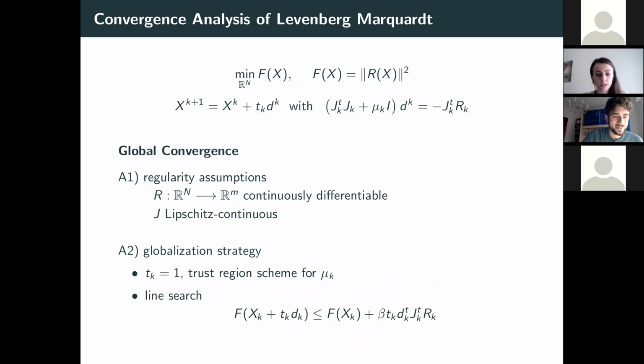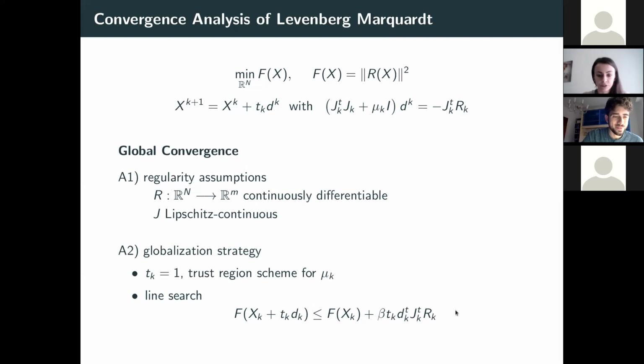Another option is to just choose mu_k in some other way and then employ a line search strategy. So each iteration, we choose mu_k somehow, we compute the direction d_k by solving this linear system, and then we use a backtracking strategy to compute the step size alpha_k. So we take alpha_k that satisfies a sufficient decrease condition.